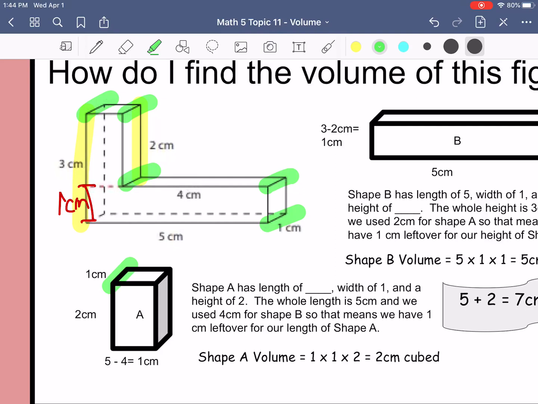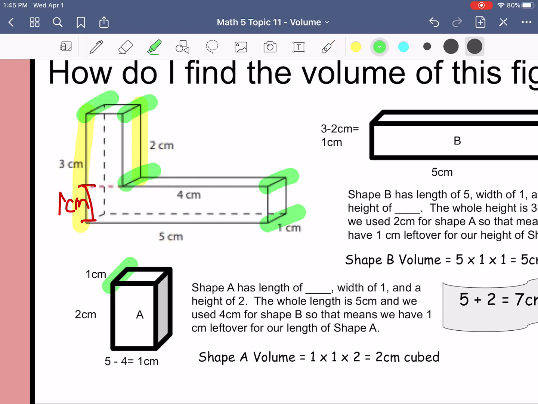Now, the length of it, how am I going to find that? In this one, the length was 5. But if you noticed, we used up 4 right here. So what is this leftover piece here going to be?